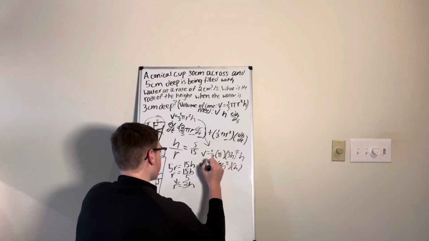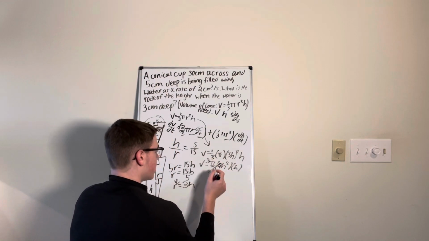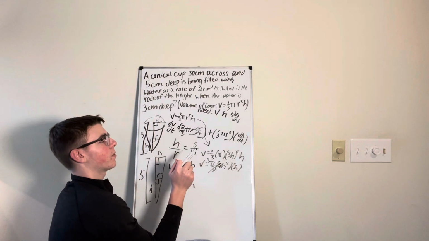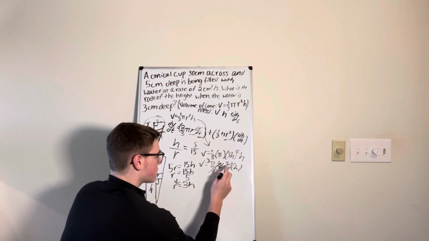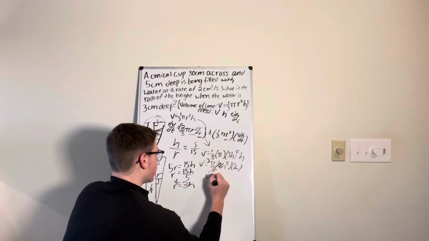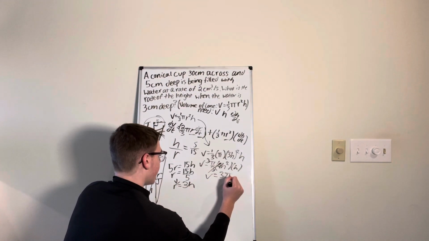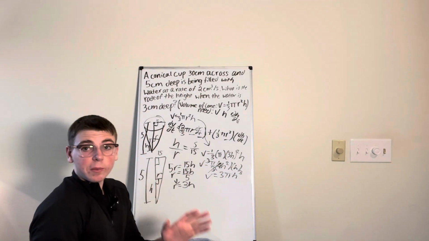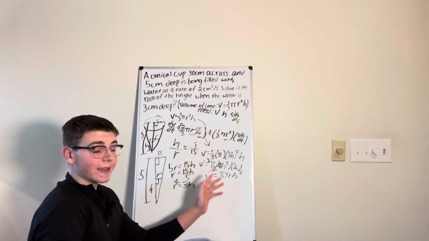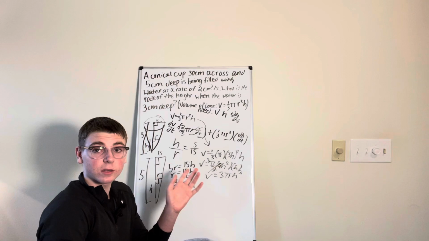That'll cancel, because 9 pi over 3 is the same thing as 3 pi. And then these will multiply. H squared times h is really h cubed. So we get V equals 3 pi h cubed. Now that we have the base equation with just h in volume, we are going to take the derivative.